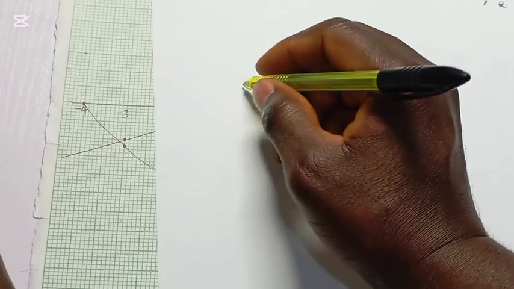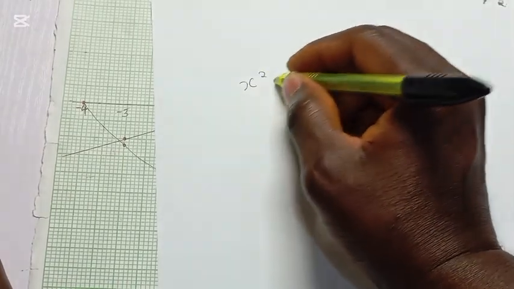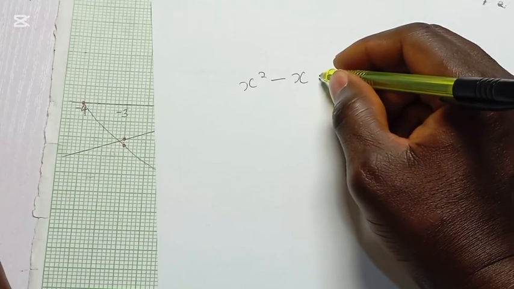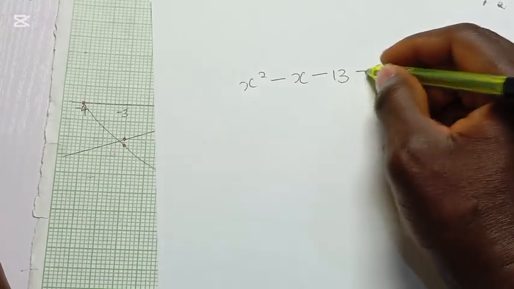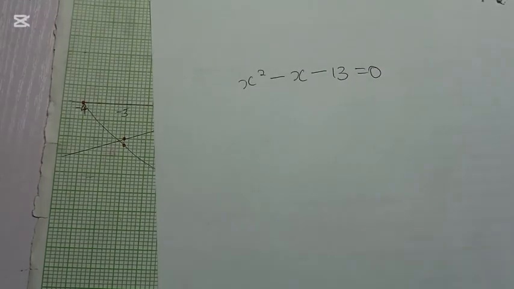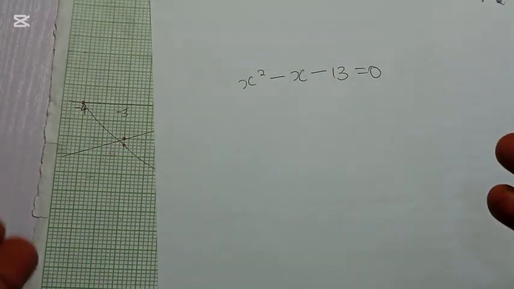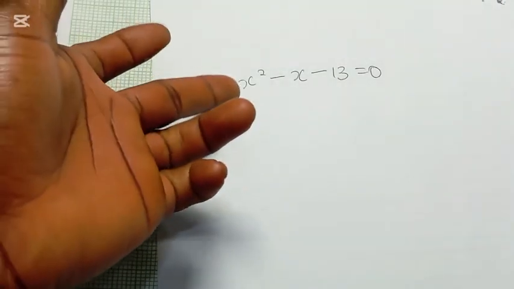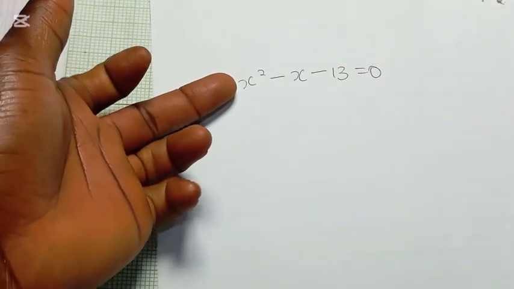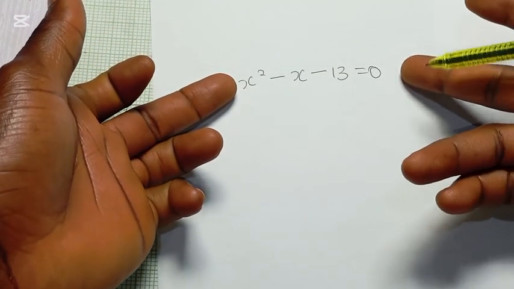Now you can see here, it says that we are to find the root of x squared minus x minus 13 equal to 0. When we say the root of this equation, that's to say the value of x which, when we input it into this equation, makes it collapse to 0.